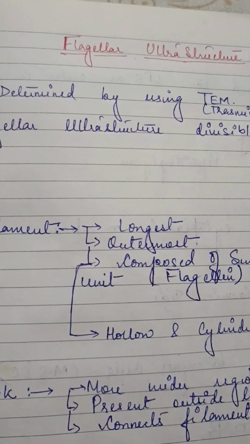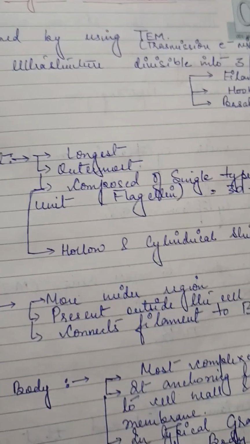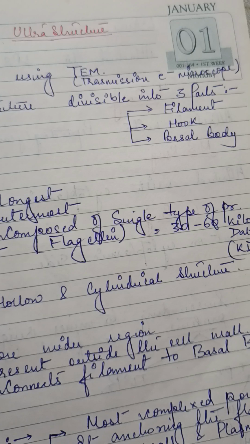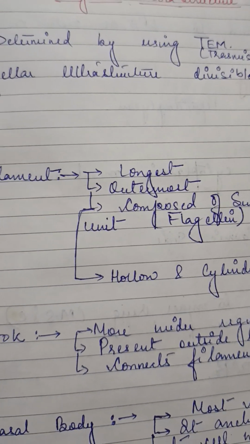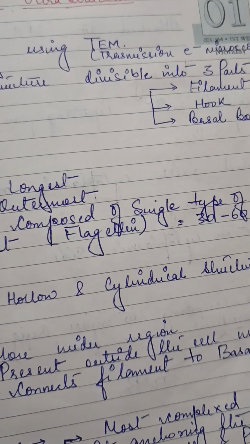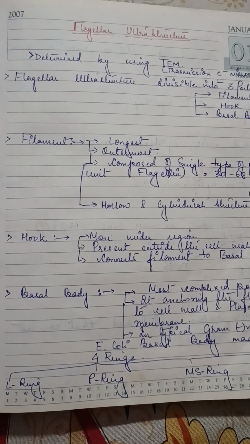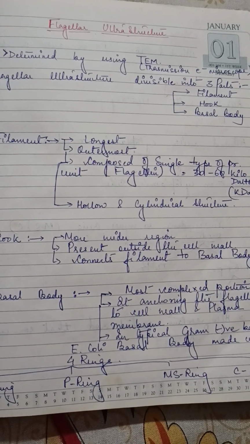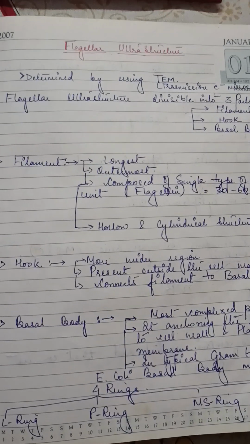So, flagellar ultrastructure. First point: it is determined by using a transmission electron microscope. When we talk about flagellar ultrastructure, it is only visible under a transmission electron microscope. And flagellar ultrastructure is divisible into three parts: filament, hook, and basal body.